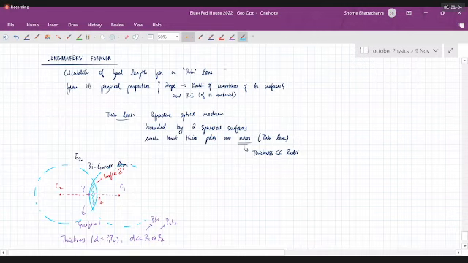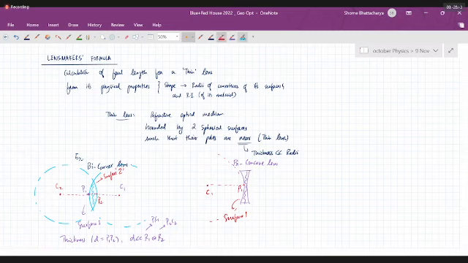Similarly, you can have, for example, a biconcave lens, where if this is surface 1, then its center of curvature is here and its pole is here.